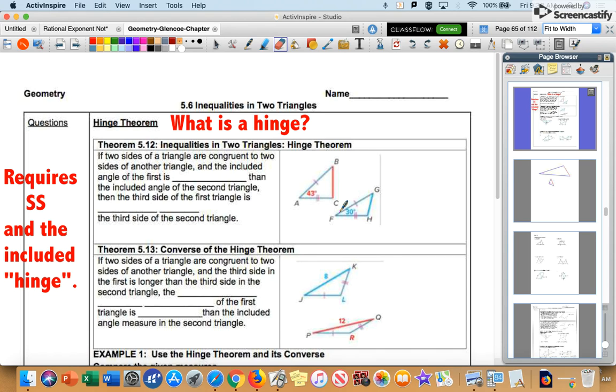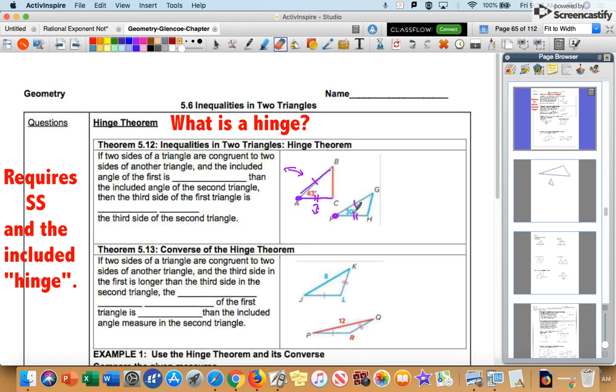So that's what a hinge would be, essentially a vertex here with two sides that can be swinging back and forth. So going this way or that way, and this side goes this way or that way. And so the hinge would be right there. And so when we're talking about hinges in this section, we're talking about where the vertex of the angle is, where the two congruent sides meet.